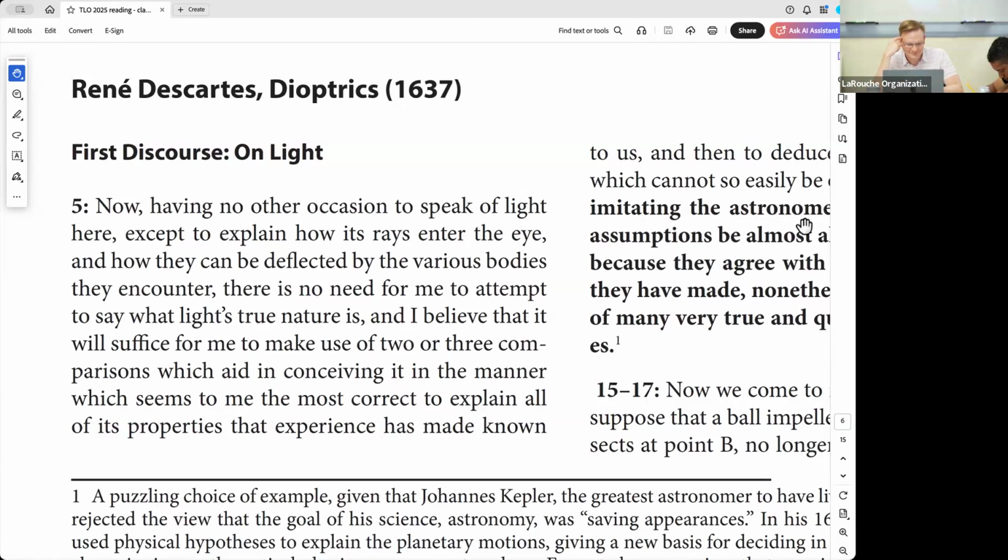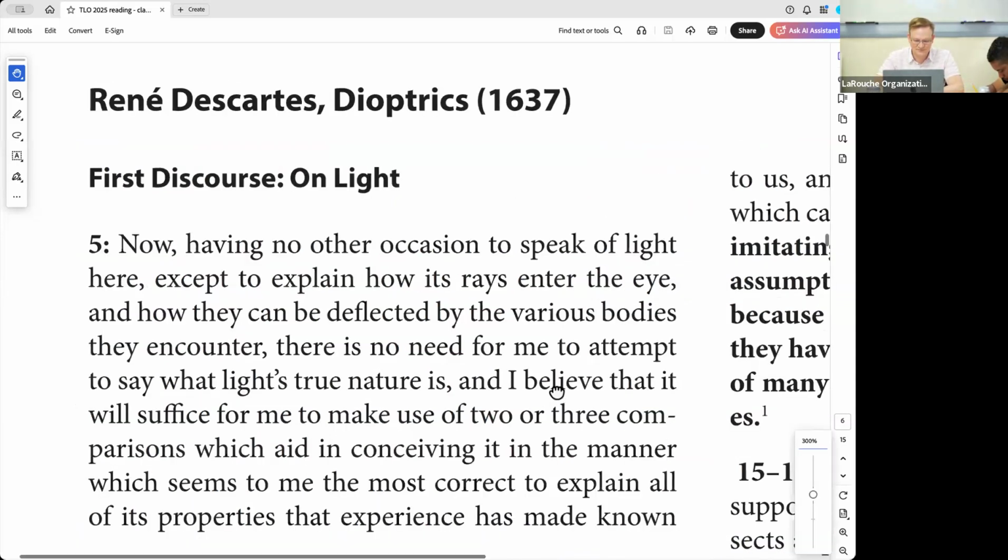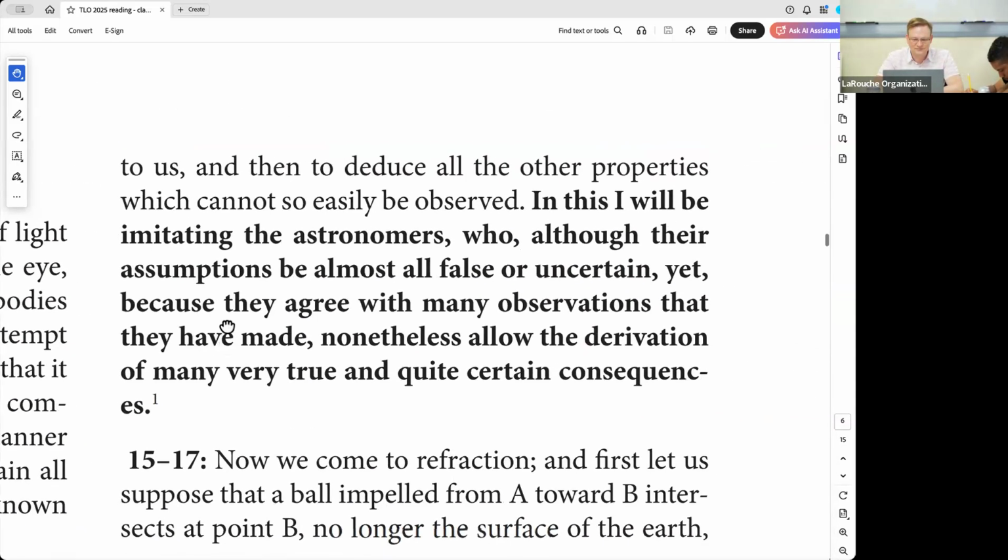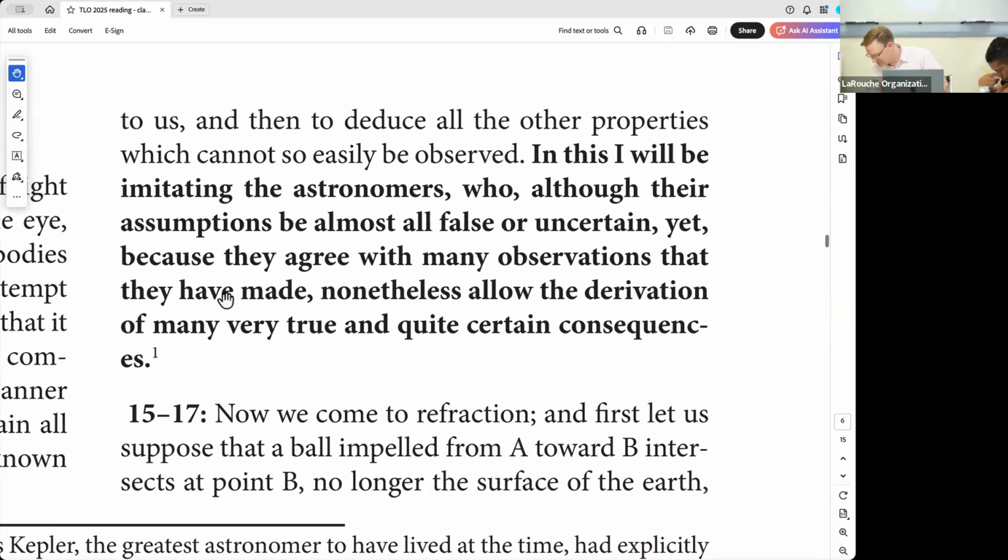And I believe that it will suffice for me to make use of two or three comparisons which aid in conceiving it in the manner which seems to me the most correct to explain all of its properties that experience has made known to us, and then to deduce all the other properties which cannot so easily be observed. In this, I will be imitating the astronomers who, although their assumptions be almost all false or uncertain, yet, because they agree with many observations that they have made, nonetheless allow the derivation of many very true and quite certain consequences.